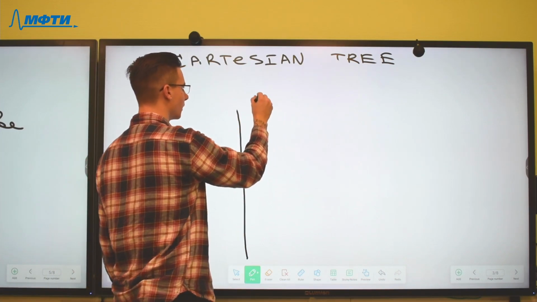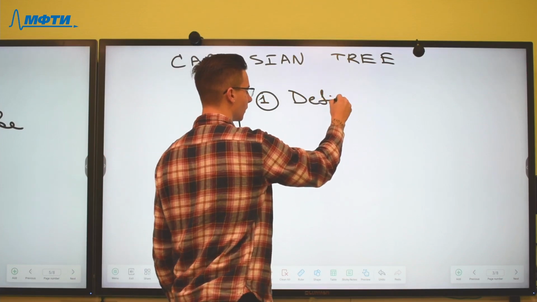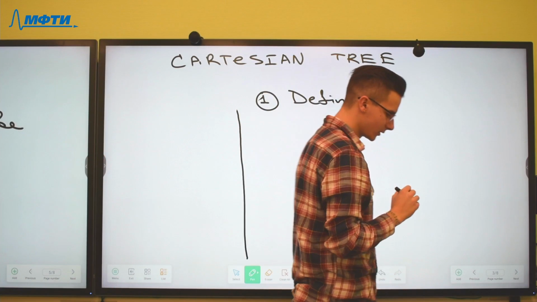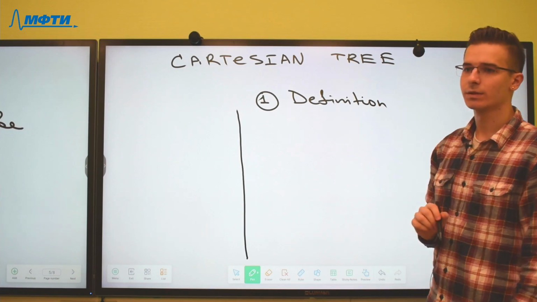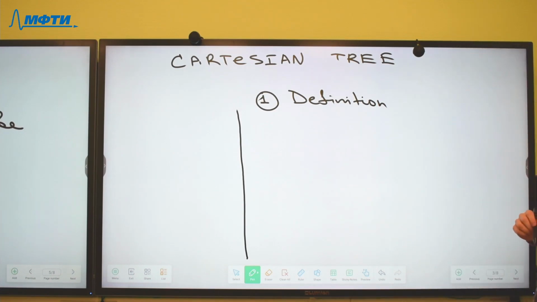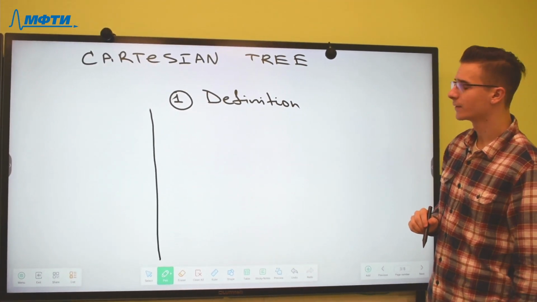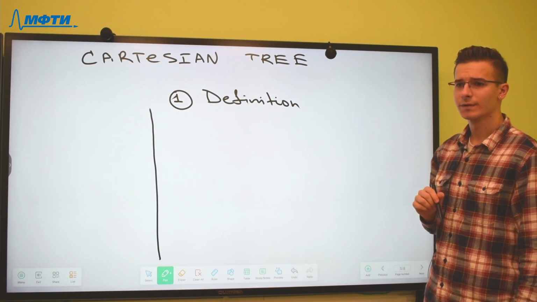So, firstly, what is the definition of this data structure? What does it mean when we say that we work with the Cartesian tree? Do you know what is the difference between trees that you work with in other courses and this?